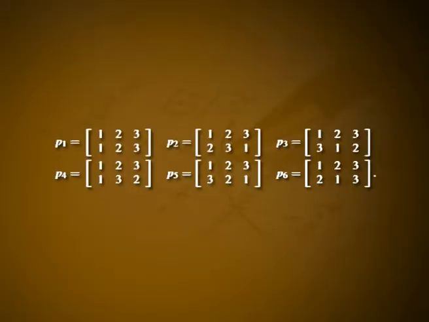P1 is equal to 1, 2, 3 maps to 1, 2, 3. P2 is equal to 1, 2, 3 maps to 2, 3, 1. P3 is equal to 1, 2, 3 maps to 3, 1, 2. P4 is equal to 1, 2, 3 maps to 1, 3, 2. P5 is equal to 1, 2, 3 maps to 3, 2, 1. And P6 is equal to 1, 2, 3 maps to 2, 1, 3.